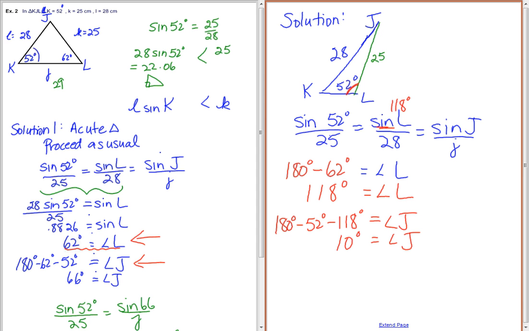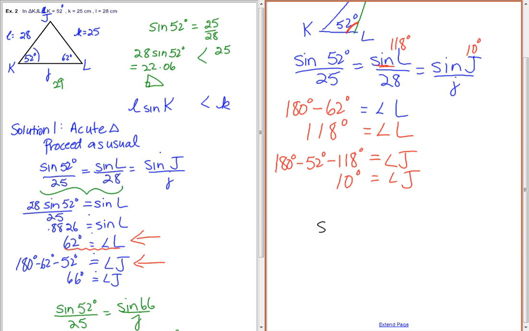To find side J, we set up our trig ratio. I would use sine 52 over 25 equals sine 10 over little j.